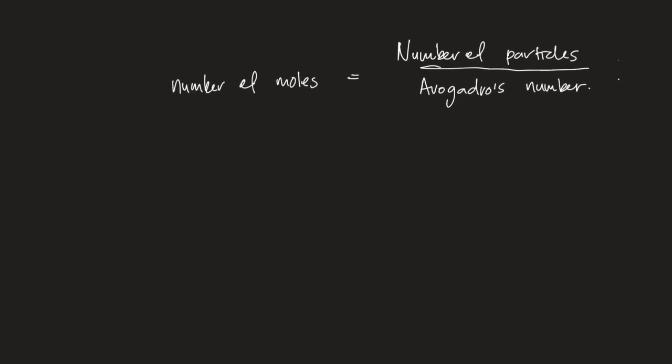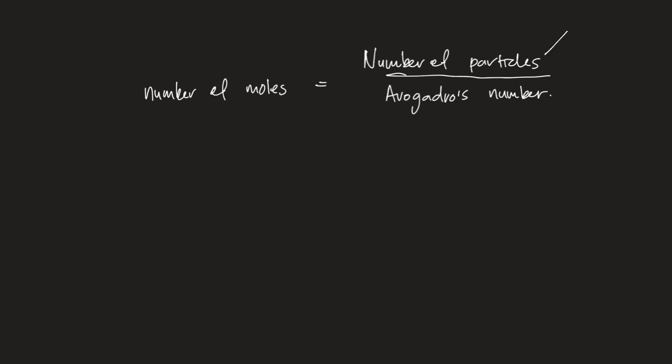Okay, so when we're talking about number of particles, I can be talking about atoms, ions, any kind of molecules, and so on. So the formula reads n is equal to Np over Na.